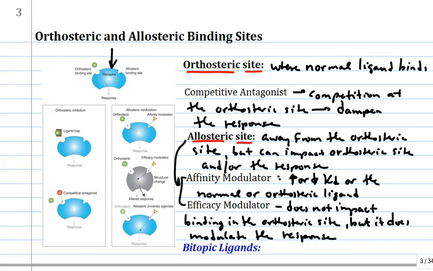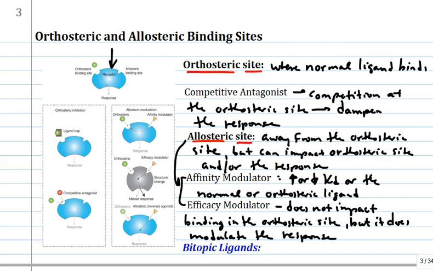So we have the orthosteric site, the allosteric site, and within allosteric modulation we have affinity and efficacy. Affinity is an allosteric modulator binding in a site away from the orthosteric site and either increasing or decreasing the KD of the normal ligand in the orthosteric site.